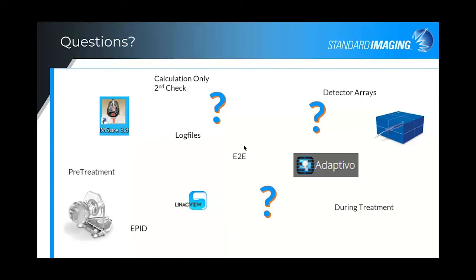So it's more comprehensive, and it includes any differences in the delivery as well as differences in the patient. Sometimes it's difficult to distinguish between those, and that's why we call them complementary, because LinacView is going to let you know the specific machine delivery differences, and then Adaptivo for the 2D portion adds the patient setup differences, and you can use them in a complementary fashion.